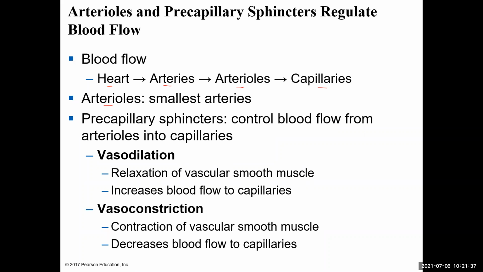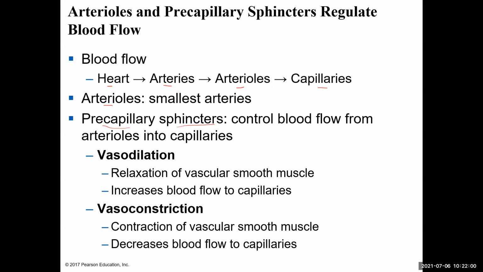At the intersection of the arterioles and capillaries, where they meet, there are smooth muscles called precapillary sphincters, before the capillaries. These smooth muscles control the amount of blood that flows from the arteriole into the capillaries.